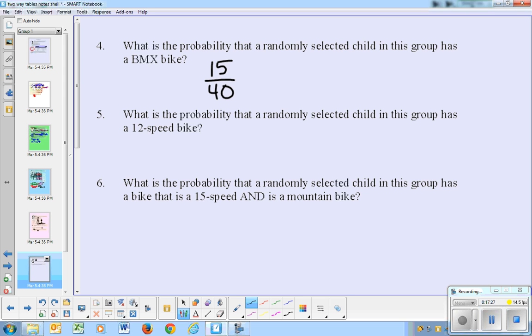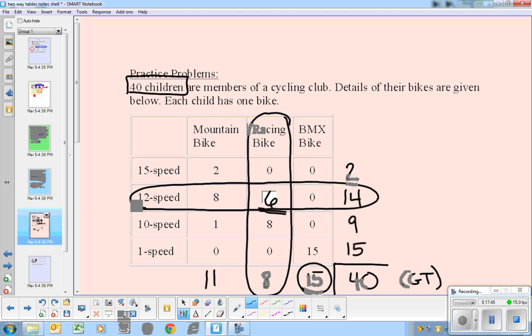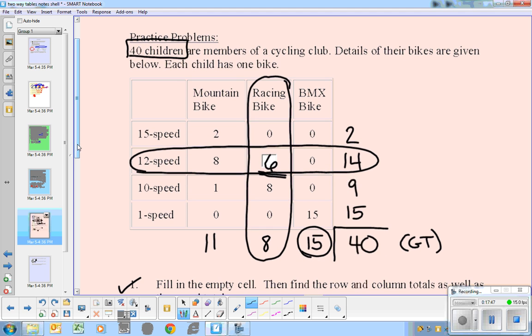Notice that it mentions speed here, but it doesn't mention type. So again, this is a marginal probability question. We'll look at the 12-speed bikes. The total number of 12-speed bikes is 14. We don't care about anything other than the speed in this question. What was it again? 14. So we'd say 14 out of 40.